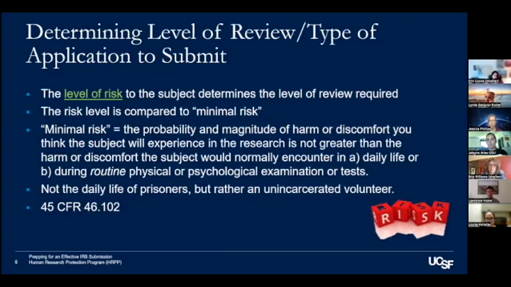And then we want to work on determining your level of review for IRB purposes. And we start by looking at the level of risk. And the checkpoint or touchstone for this is going to the minimal risk definition.